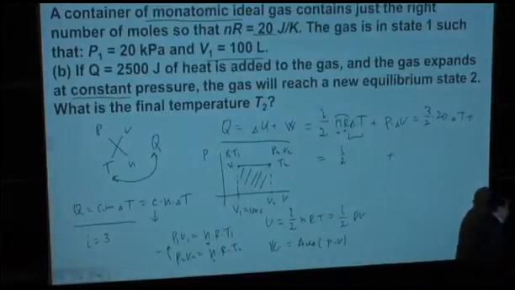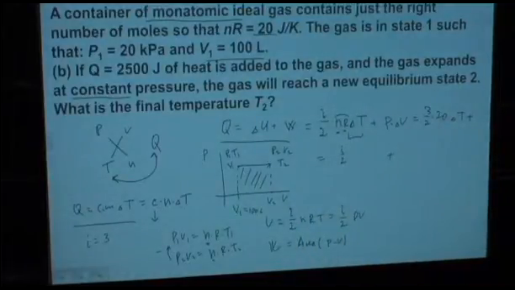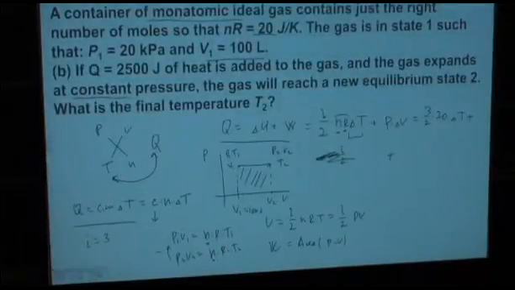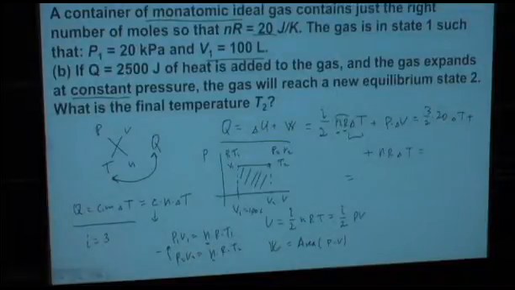So for the isobaric process, we also can write that it's going to be equal to n R delta T, when, well, delta T now becomes a common factor.